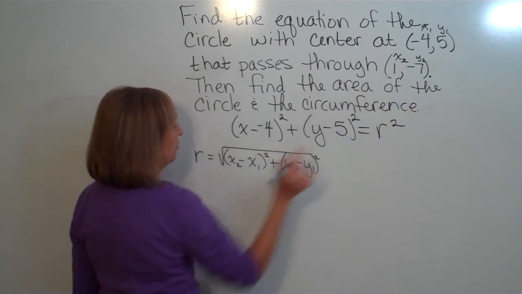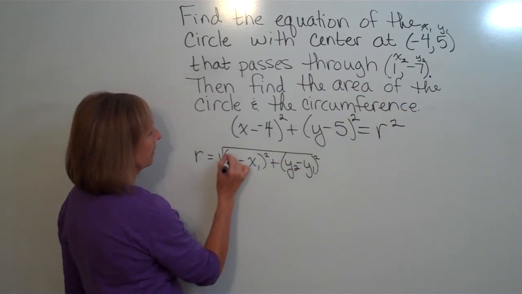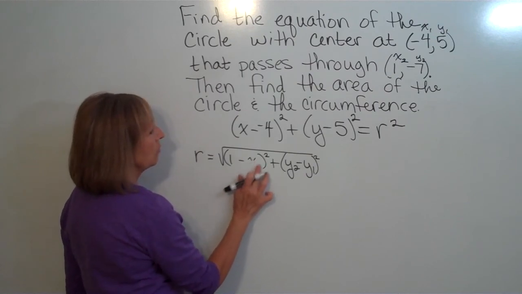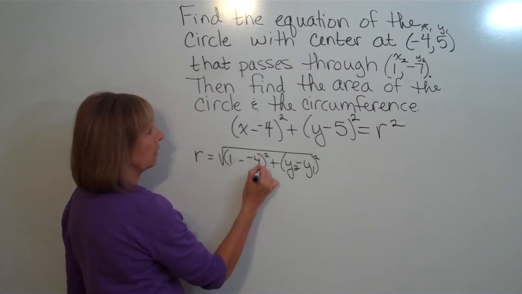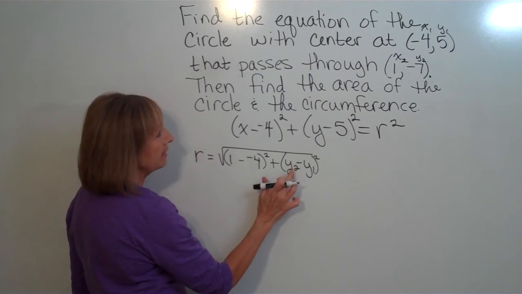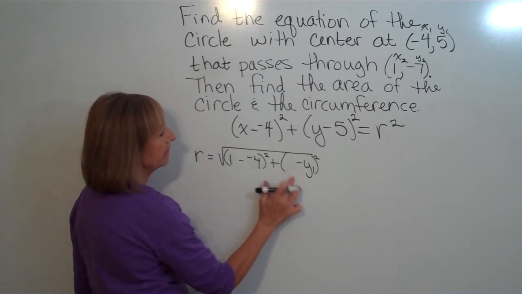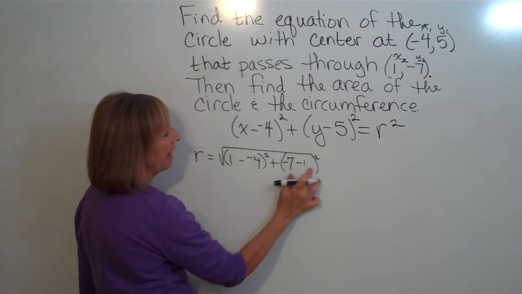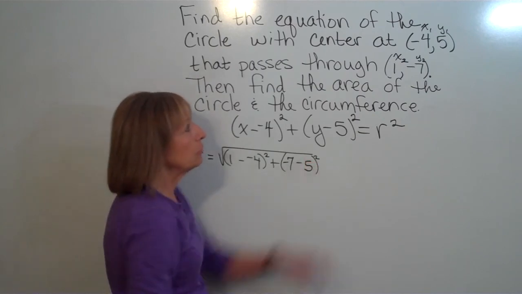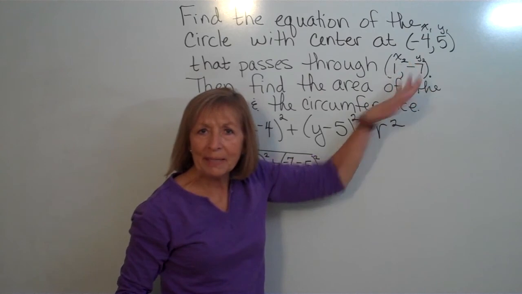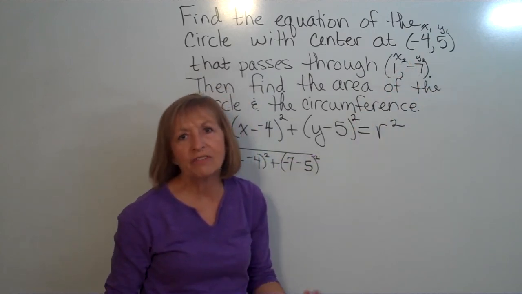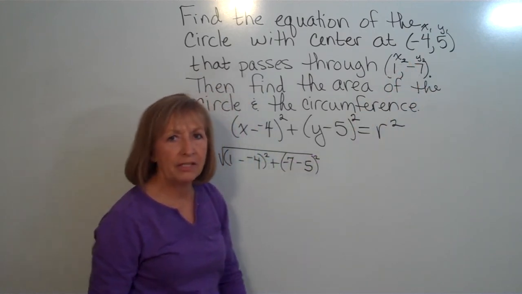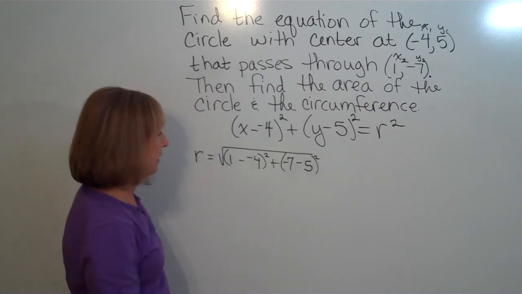So I have x sub 2 is the number 1, minus x sub 1 is the number -4, and then y sub 2 is -7, and y sub 1 is 5. So doing this kind of bookkeeping helps a lot of times, especially if you get distracted by something and then you've lost track of your thought process.